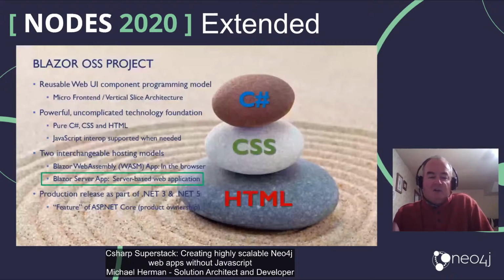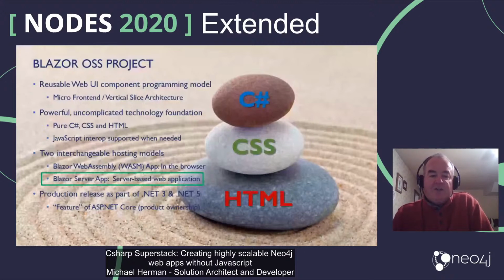So the Blazor stack, of course, we start with plain old HTML and CSS. You have the ability to code, or if you want to call it scripting, directly within your HTML Razor pages using C#. You code against something called the Blazor component model. These are the reusable pieces of web UI that you can use to compose more sophisticated Razor pages.